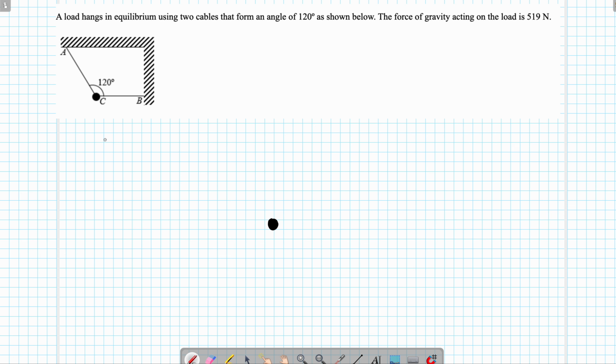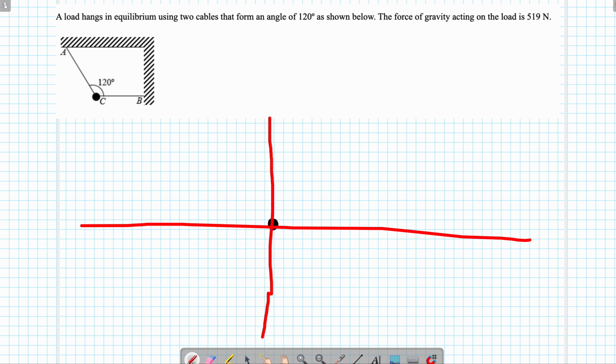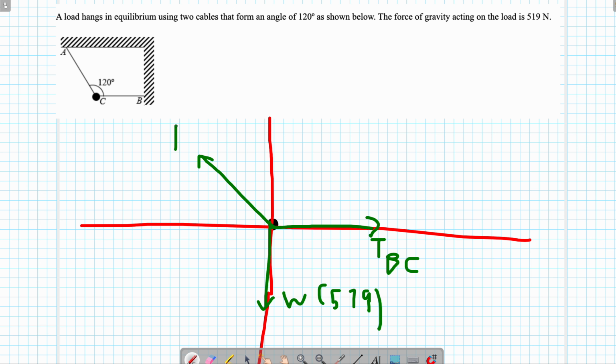Here we have the object. Let's draw the x and y axis. This time it's normal for once. So to the right, we have tension of BC. And then down we have the weight, which is 519. And we have up here tension of AC. Now look, they said this whole thing is 120, right?